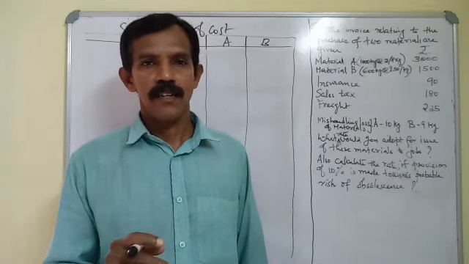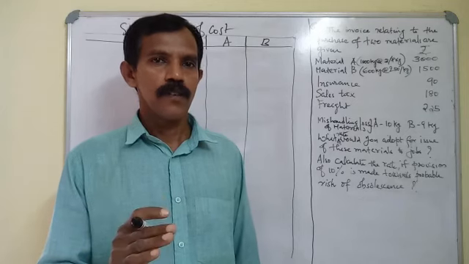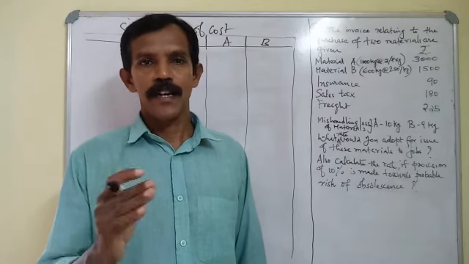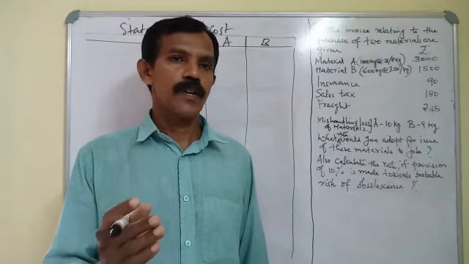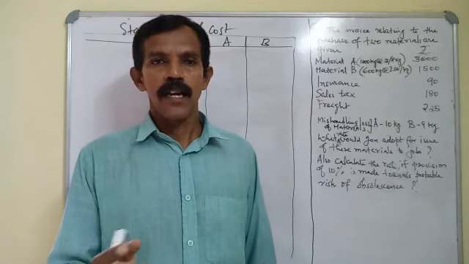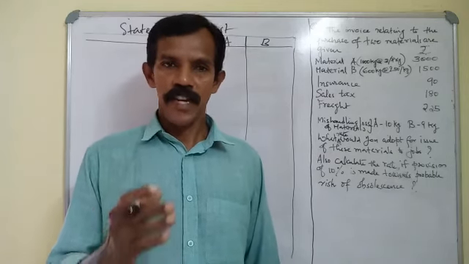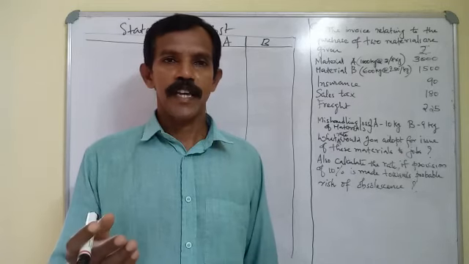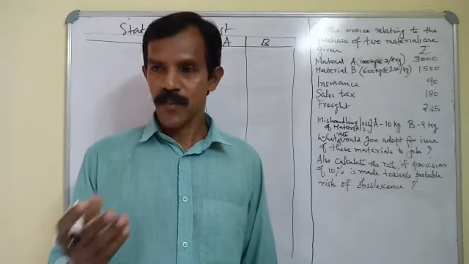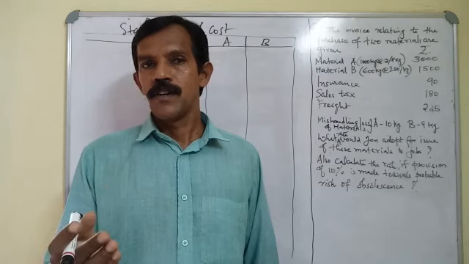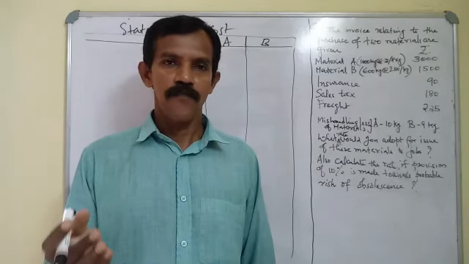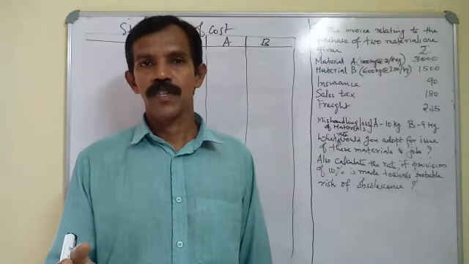In this session, we will solve one problem that is related to ascertainment of cost of material. In our last session, we discussed how to ascertain cost of material purchased. From our invoice price, we deduct trade discount.